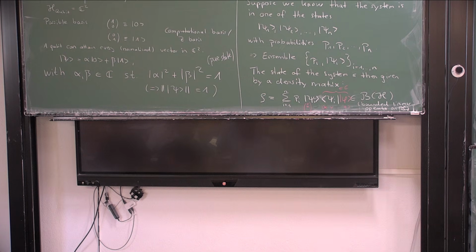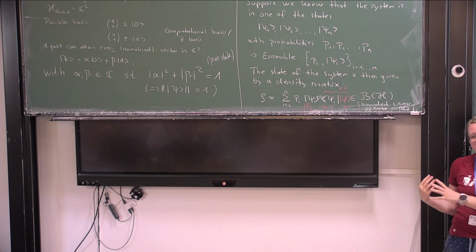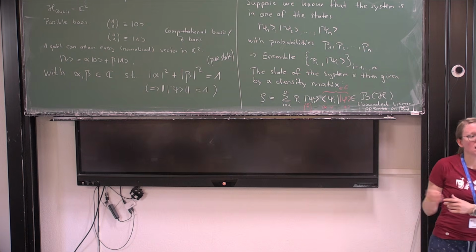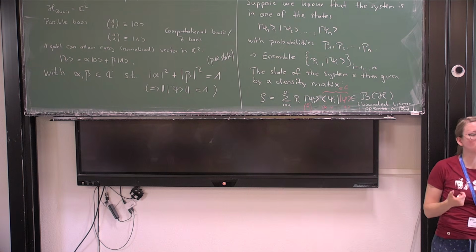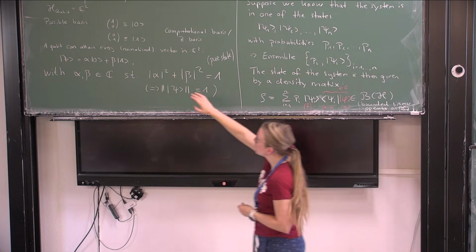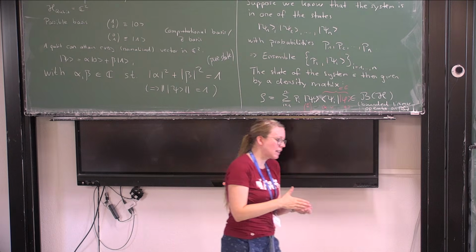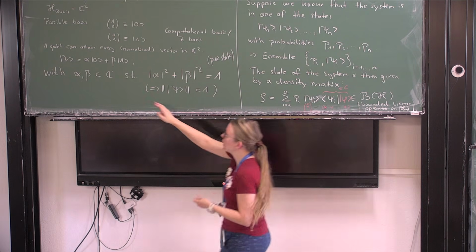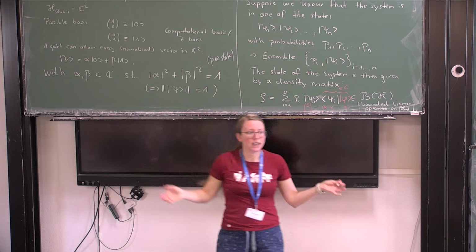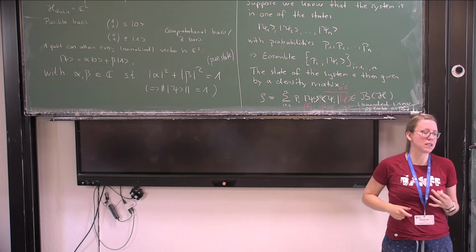Okay, we have these two different ways of talking about the state of a quantum system. Density matrices, in contrast to pure states, let us also talk about uncertainties about which state exactly the system is in. If I specify a pure state psi of my system, this means I know exactly the state. It might be a linear combination of pure states, but I know exactly what state my system is in.